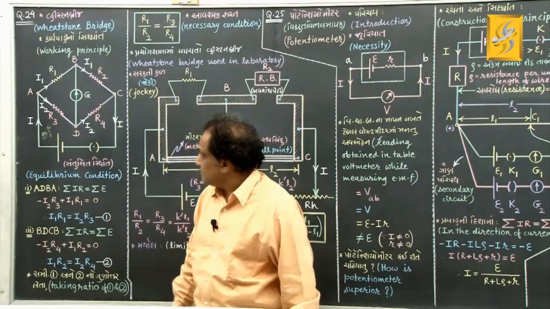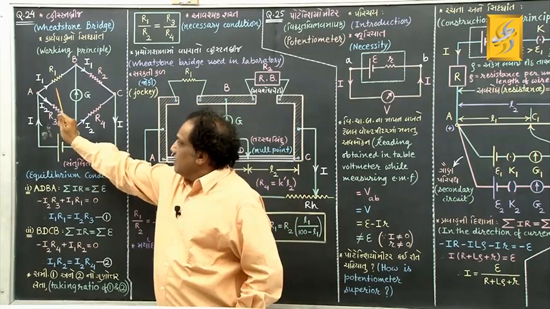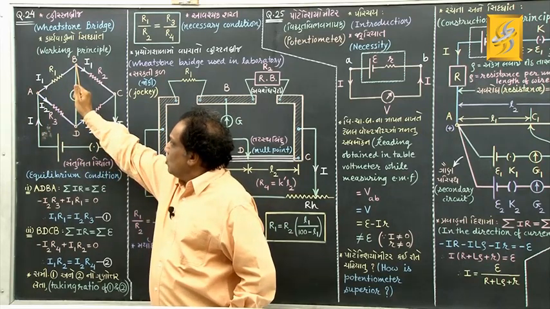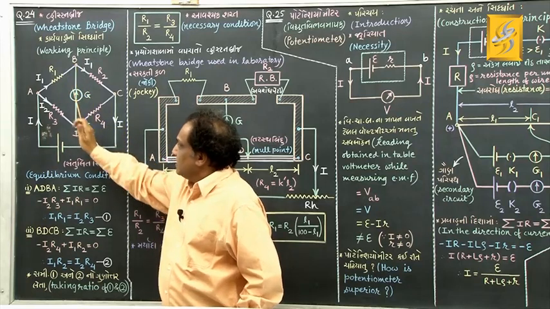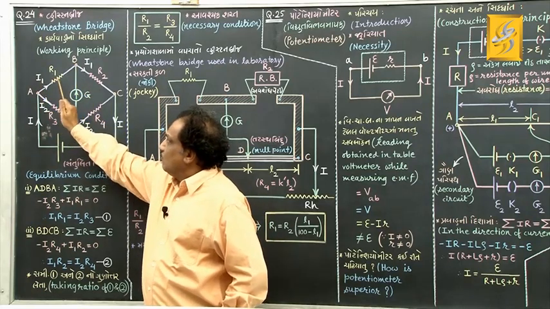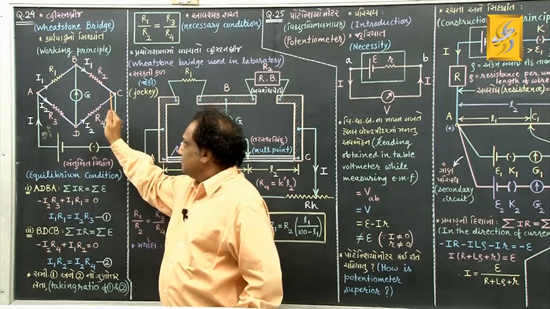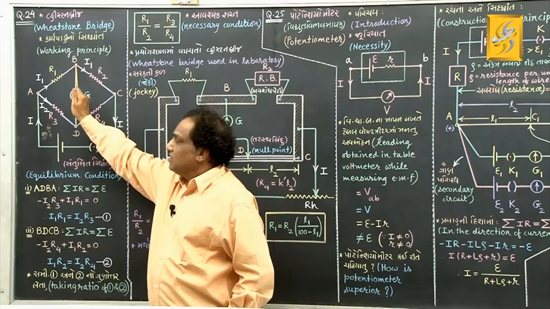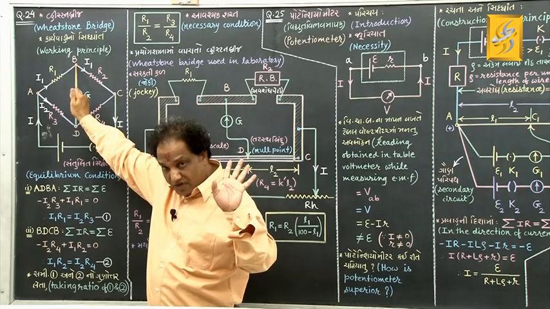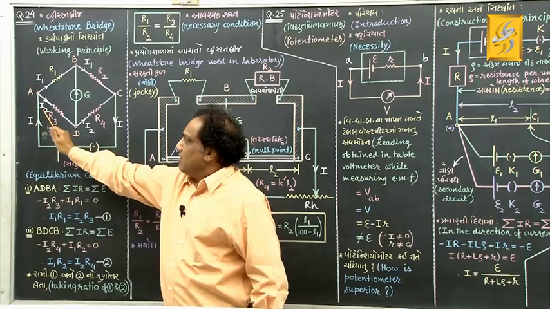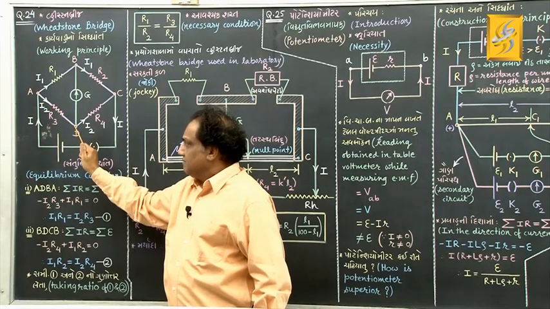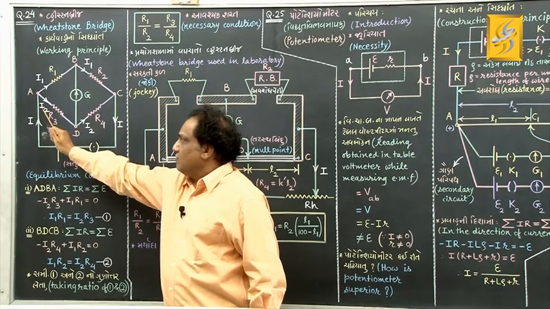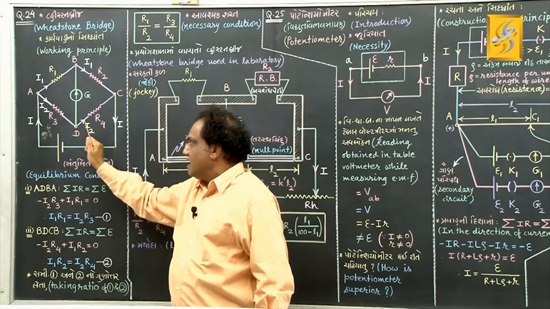Now tell me, this current I1 will come here, but because there is no current in this branch, the same current I1 will continue to flow further in this branch. That is why here also I have written I1, because after coming to this junction it is not getting divided. Similarly, this I2 amount of current will come up to this junction, but because there is no current in this diagonal, the same amount will continue to flow further in this branch.